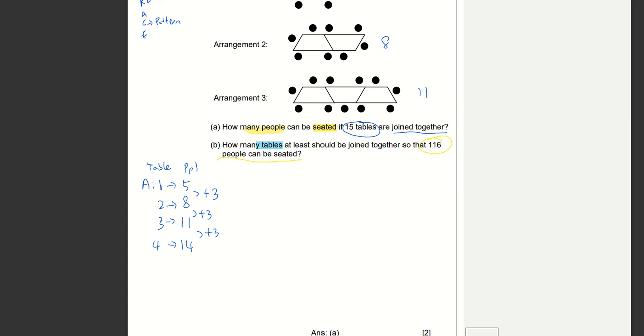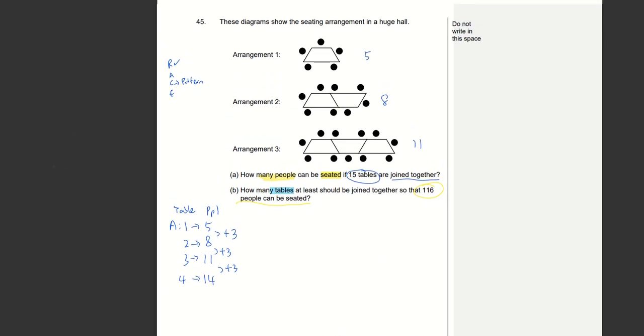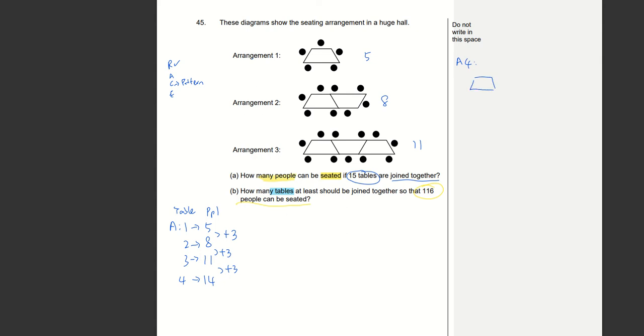Let's check if it's 14 by drawing out the diagram. So let's say arrangement 4. 4 tables, 1, 2, 3, 4. Okay, so 1, 2, 3, 4, 5, 6, 7, 8, 9, 10, 11, 12, 13, 14. Indeed 14.